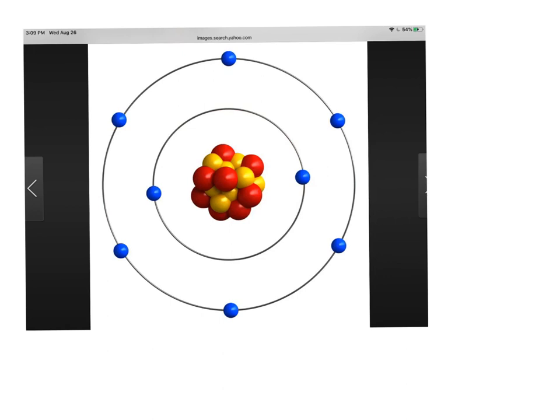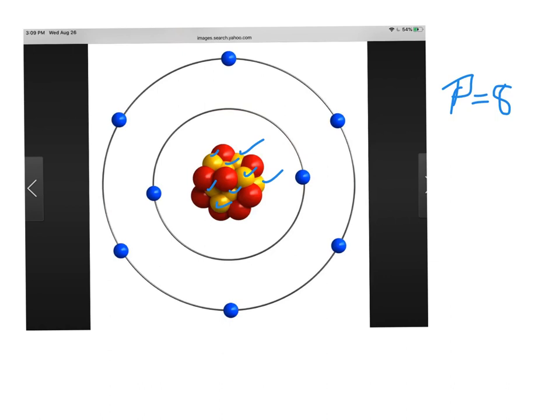Okay, now before I send you to your little assignment towards the end of this video, I want to show you how you can also identify what atom you're looking for. So here you have 1, 2, 3, 4, 5, 6, 7, 8 of the yellow, which are your protons. That proton identifies what your element is.